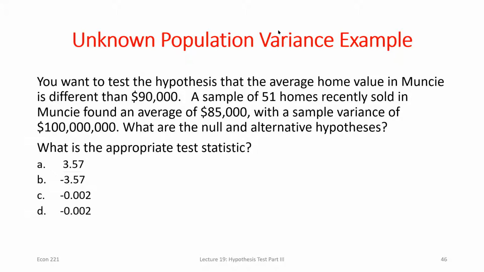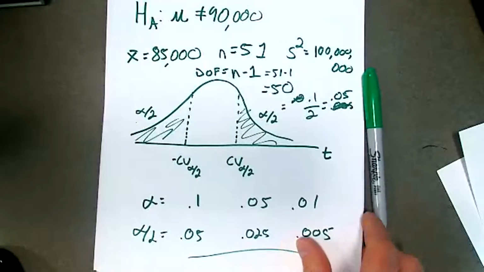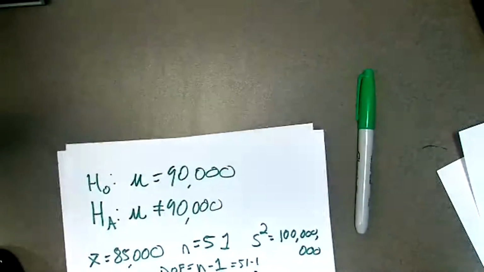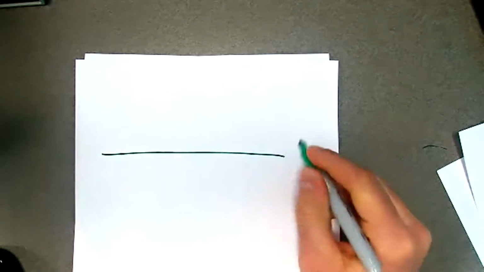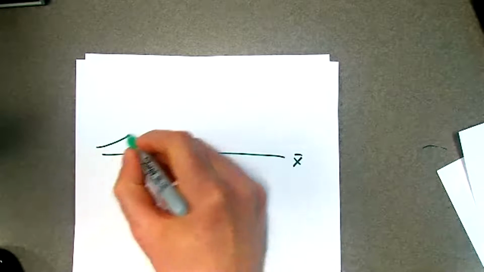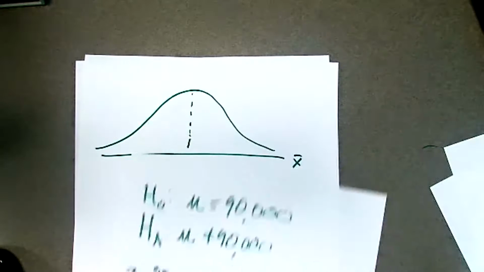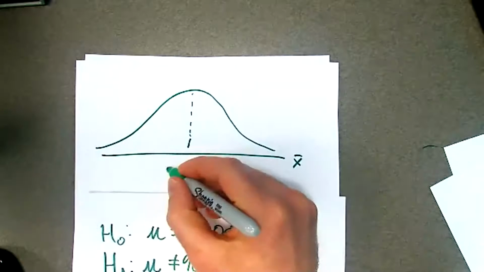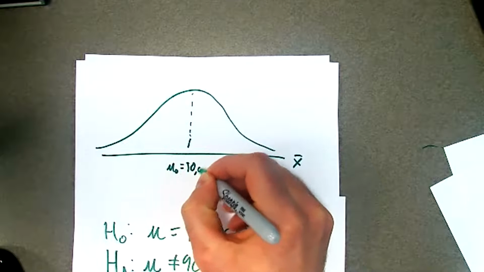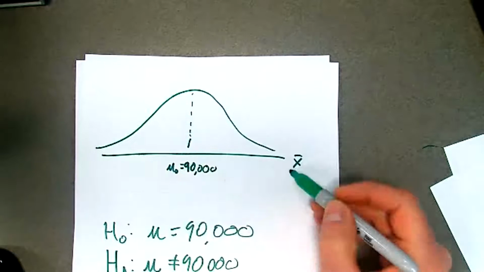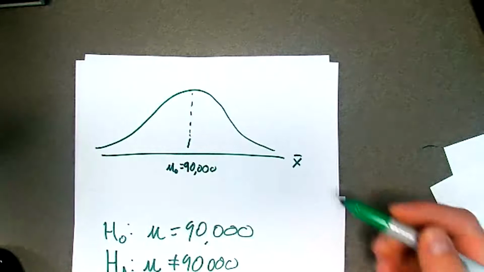And one thing that can help you on the exam with these multiple choice questions, before we get too lost in what we're doing, is to simply draw out what the distribution of my sample means would look like. I've assumed from my null hypothesis that the population mean is 90,000. So if what I assumed to be true was in fact true, my sample mean should be normally distributed around that.